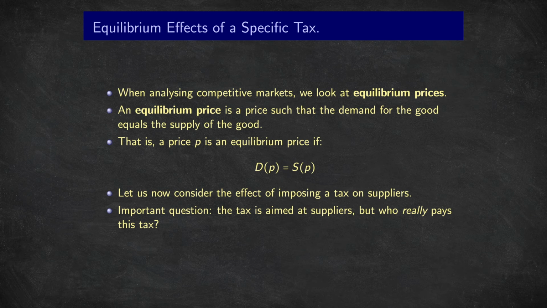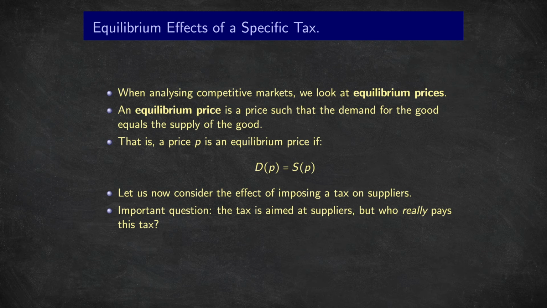Okay, so let's now consider the effect of imposing a tax on suppliers. Now, politically, this is really a popular suggestion. Clearly, corporations make a lot more money than the average consumer, and the idea of taxing very large companies has a lot of political weight.